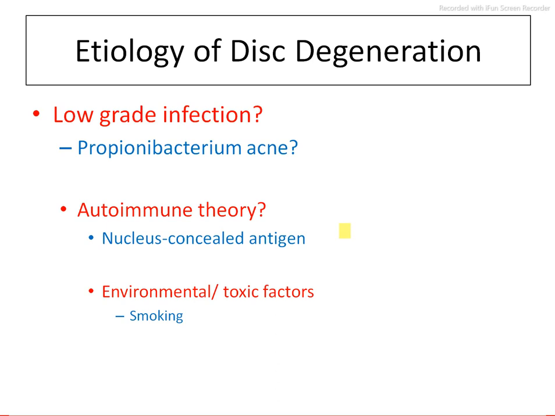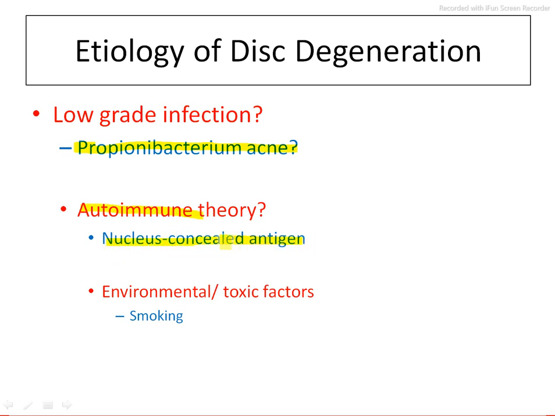Etiology of disc degeneration. So what are the other etiologies that I have already discussed? Low-grade infection of the vertebral end-plate, especially by Propionibacterium acnes, has also been proposed to trigger disc degeneration. Another is autoimmunity, because the nucleus has been proposed as a concealed antigen.